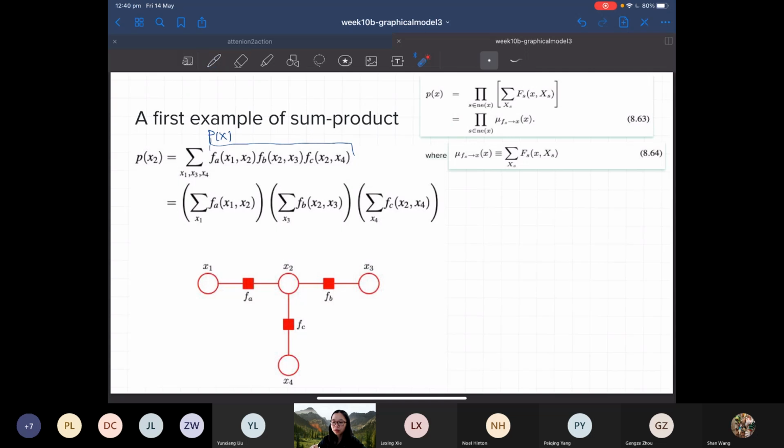It's a product of FA, FB, and FC, right? Each connected to two variable nodes. We would like to marginalize out x1, x2, and x3, leaving x2, which is the marginal we wanted to compute.